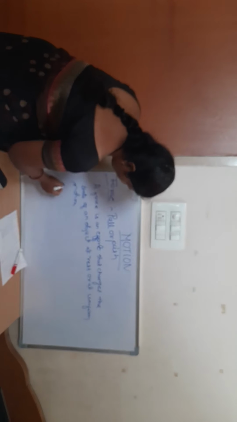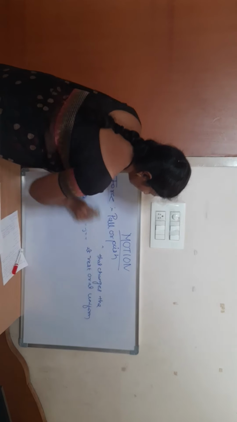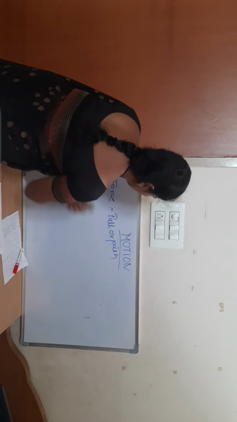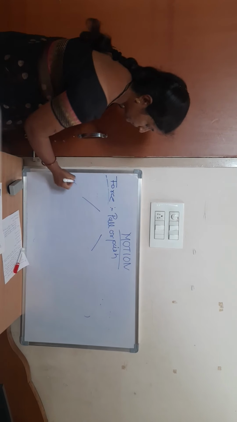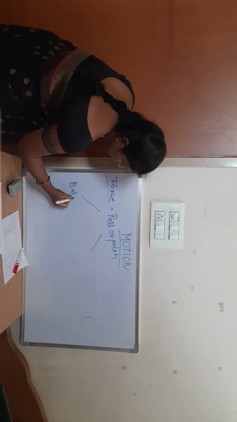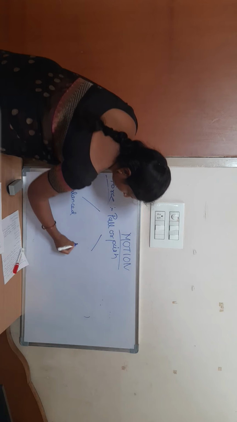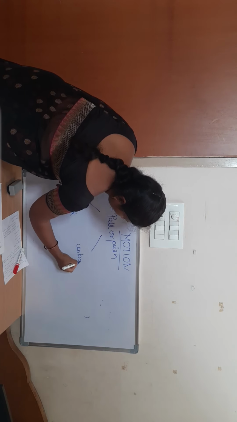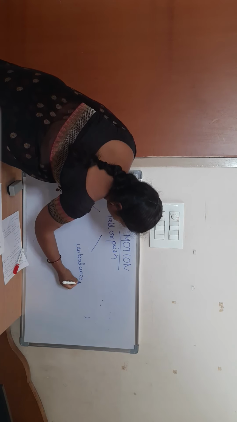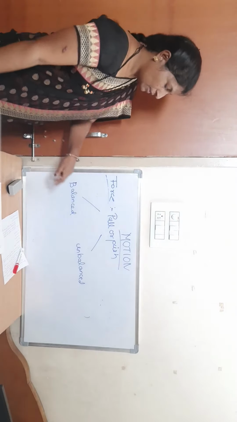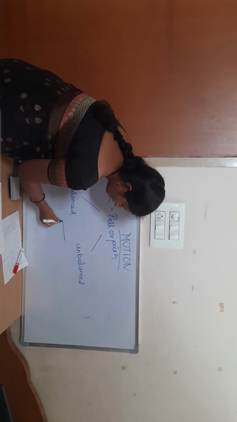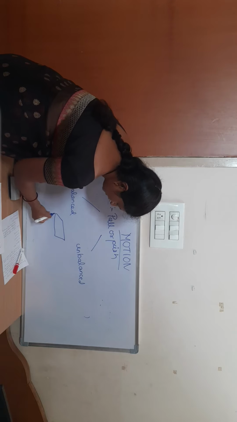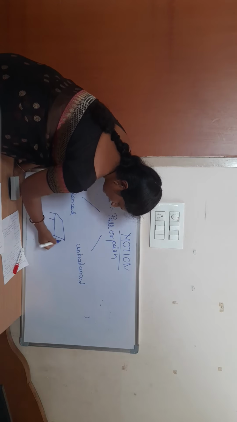There are two types of forces: balanced and unbalanced force. To explain balanced and unbalanced force, we take an example. This is a horizontal table.